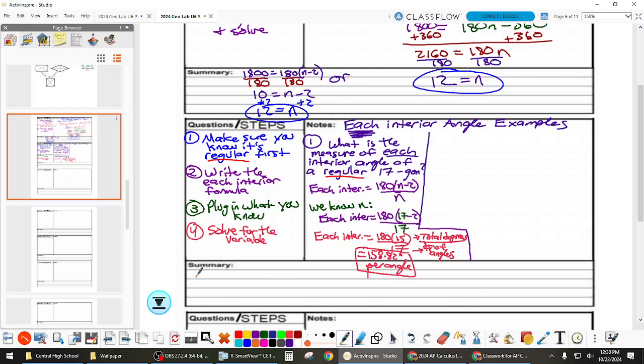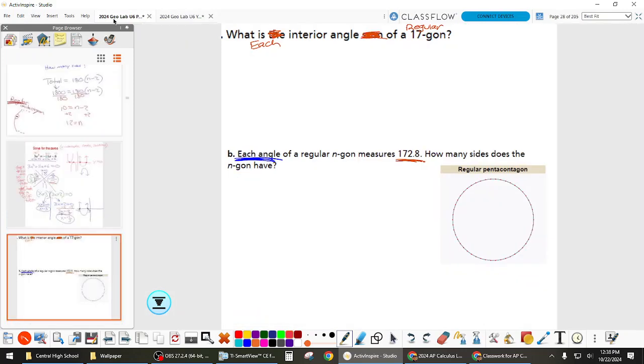Quite obtuse, right? We're starting to get closer to 180. It's almost like a flat line. Okay, so basically you're just solving for the total and dividing it up. That's really the way this equation works. Solve for the total and divide it up.